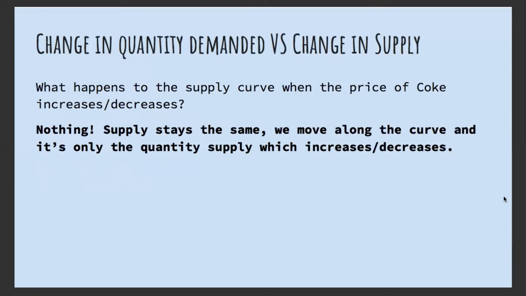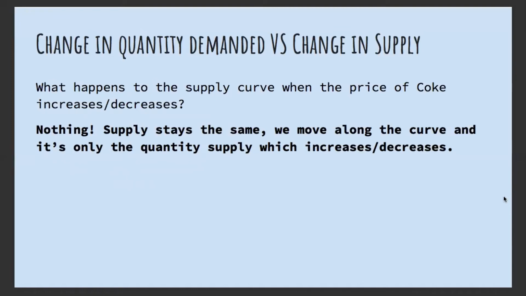Now, remember, it works the same way as for the demand. When we ask ourselves what happens to the supply curve when the price of Coke increases or decreases, nothing happens. Why? Because we move along the curve, so the supply curve stays the same, and it's only the quantity supplied which increases or decreases.